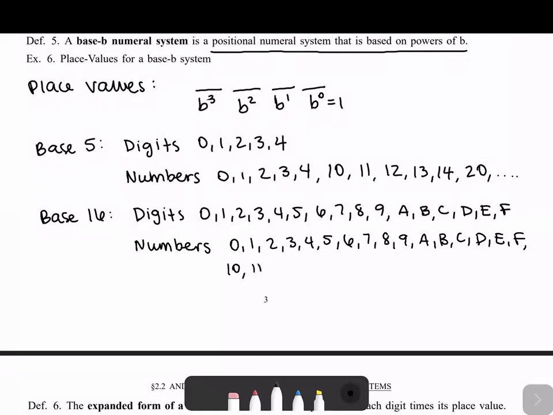And then we can keep adding a 1 in the ones place. And then we keep adding 1 in the ones place. So we get 1A, 1B, 1C, 1D, 1E, 1F. And then we keep going, right? Once we get to F, we carry. And we just keep going like this.